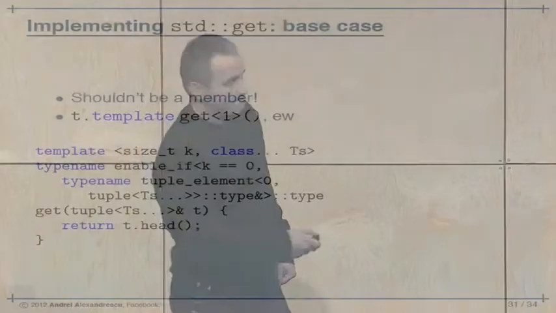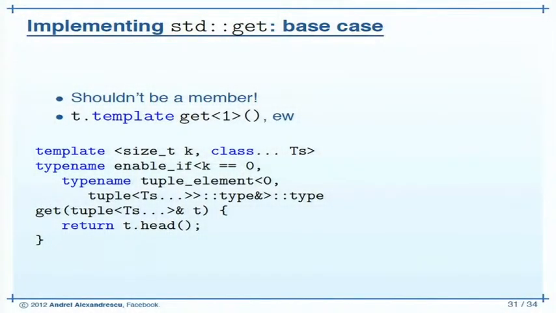Sorry for the ambiguity there, right? So whenever I call get, I need to say get returns this. Well, this is it. To wit, we start with the specialization for k equals 0. And again, I'm availing myself of enable_if, which you can think of as a way to restrict the template from kicking in, right?